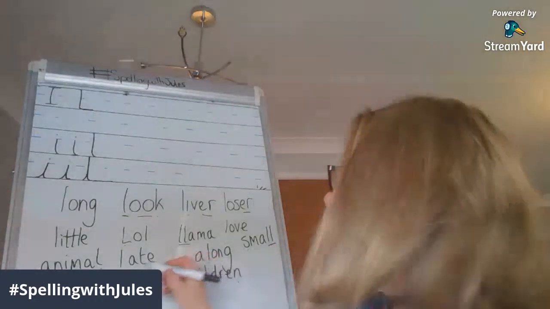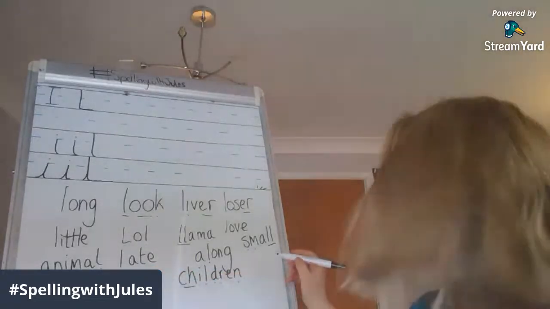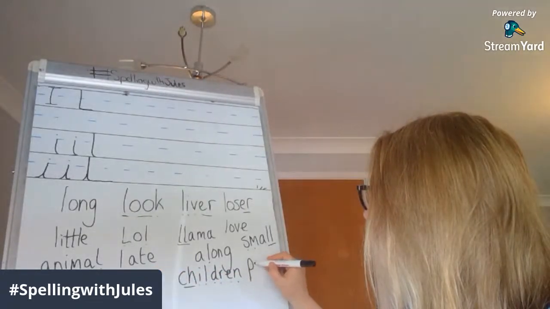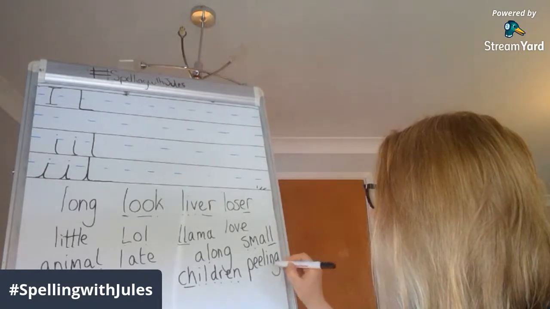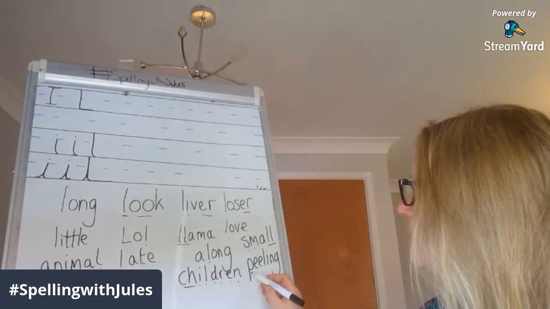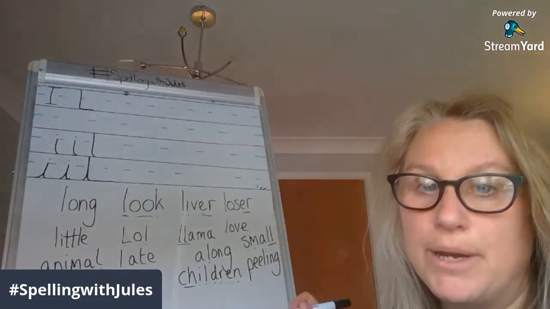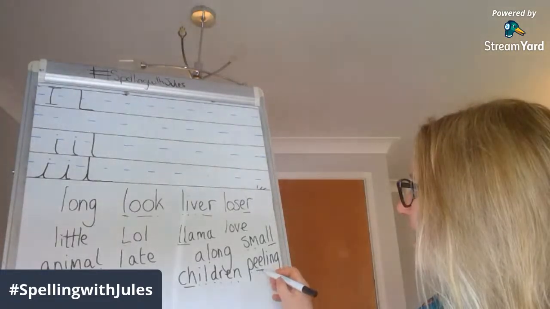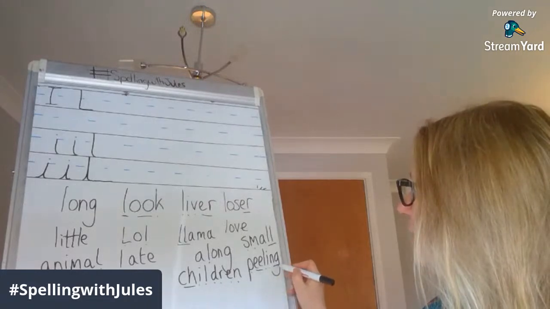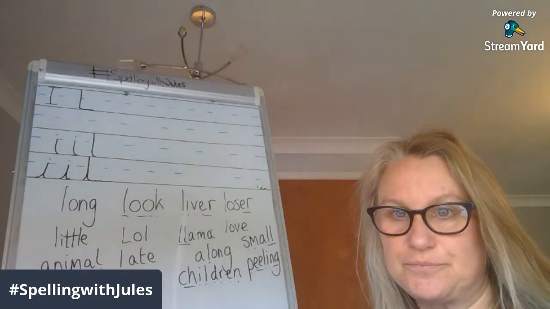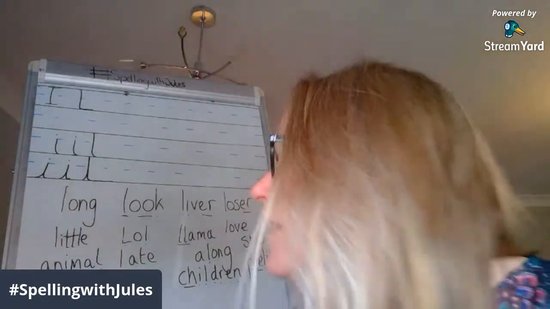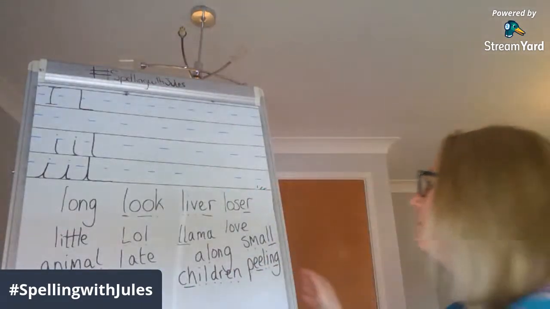And then what was Ollie's? Peeling. Can you fit it in? I'm just going to squeeze it in here, and then I'll have to rub out. Good. Peeling. Excellent stuff.